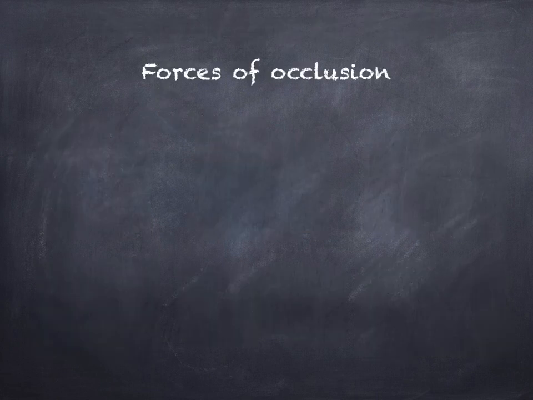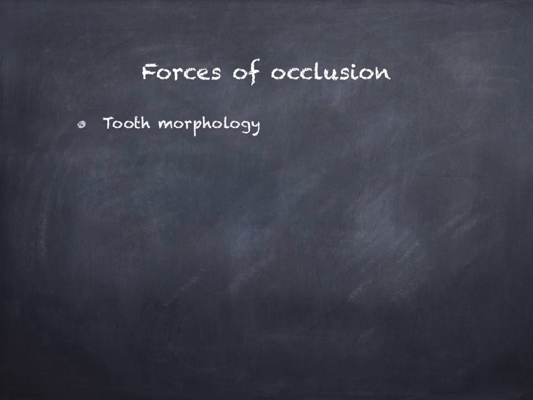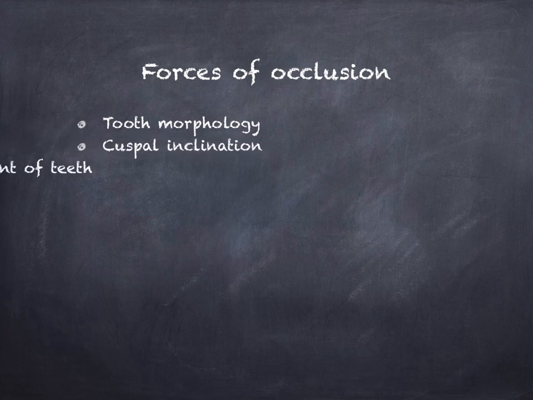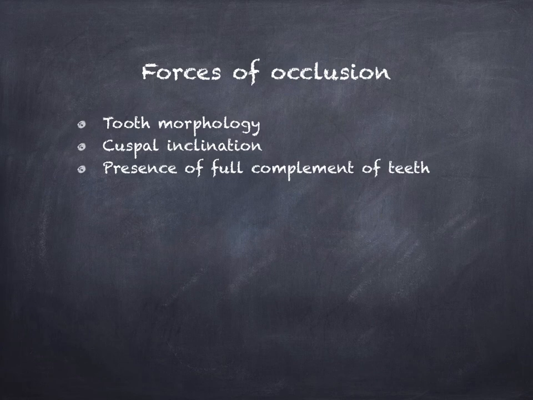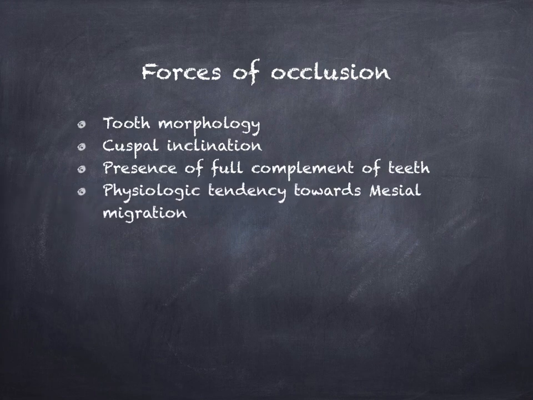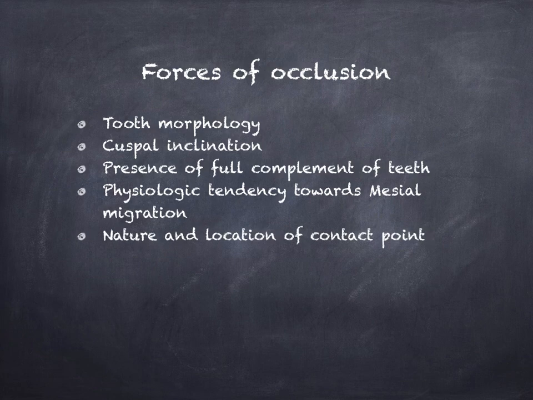Going on to the forces of occlusion. Loss of tooth morphology or cuspal inclination due to parafunctional habits can lead to pathologic tooth migration. Also, the presence of a full complement of teeth is very much necessary to maintain balanced occlusal forces. The next factor would be the physiological tendency towards mesial migration of teeth, and the nature and the location of the contact points.